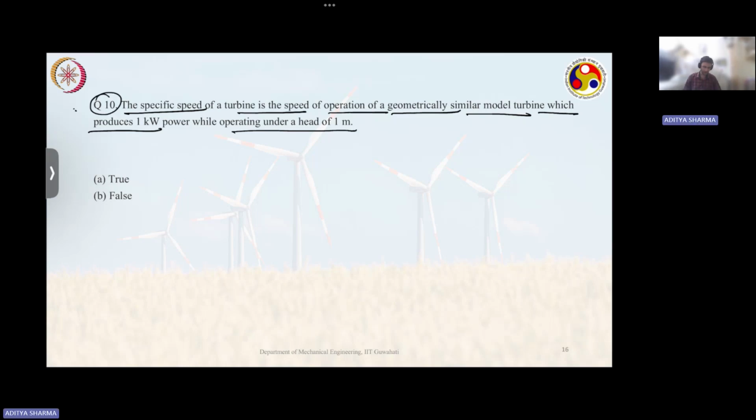But this talks about a single turbine, right?